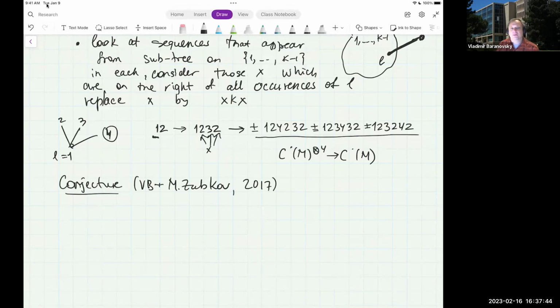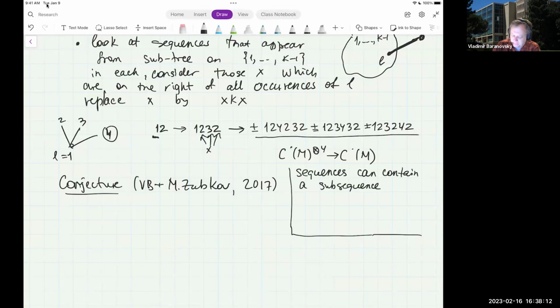So we described this complex, and there is a certain detail about the sequences that I should first mention: the sequences that come up as a result can contain a subsequence of the type I, J, I. If we take any 2 values, I and J, there could be a subsequence I, J, I, or J, I, J, but not I, J, I, J, or J, I, J, I.